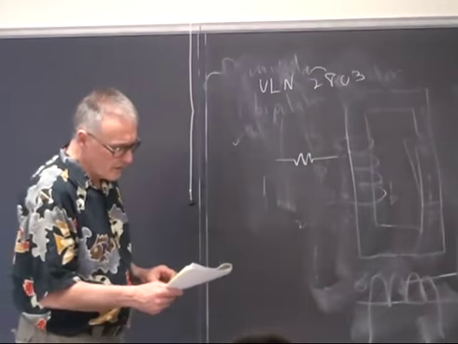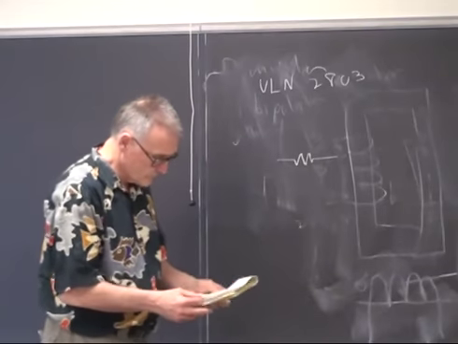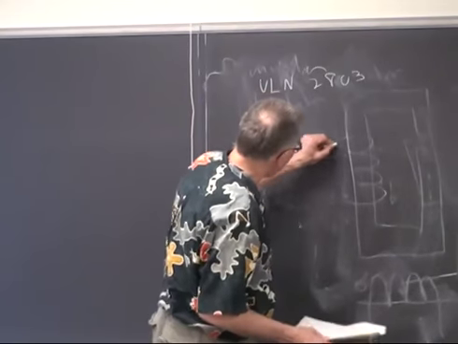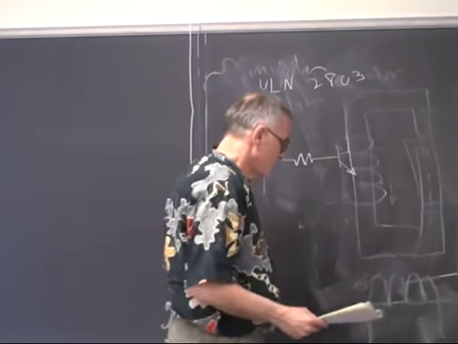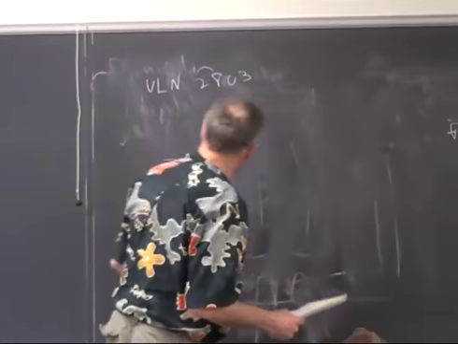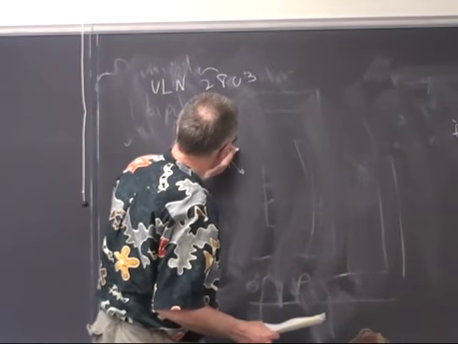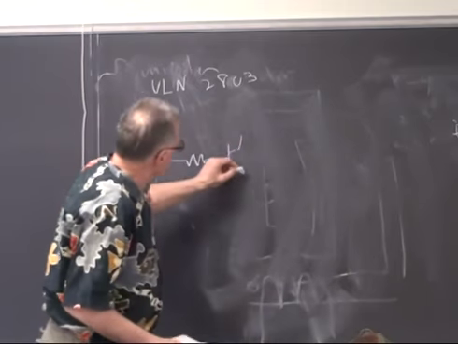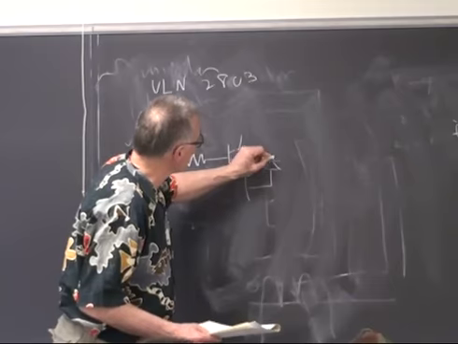There's a current limiting resistor around 1K, an NPN transistor, a protection diode, so you don't have to worry about that.